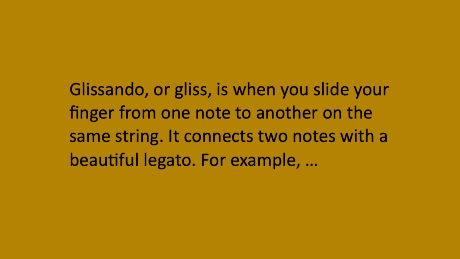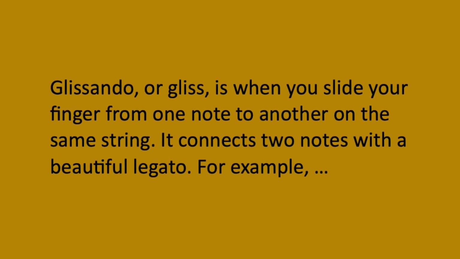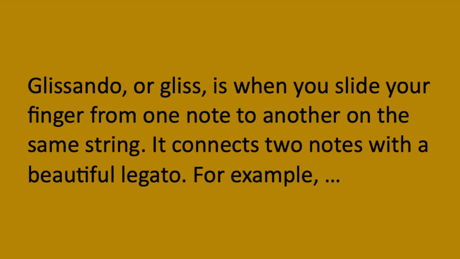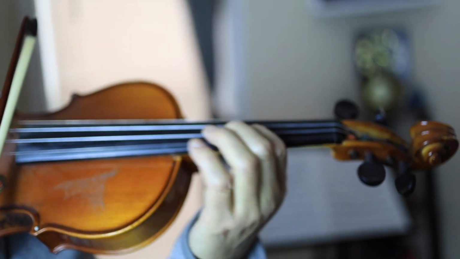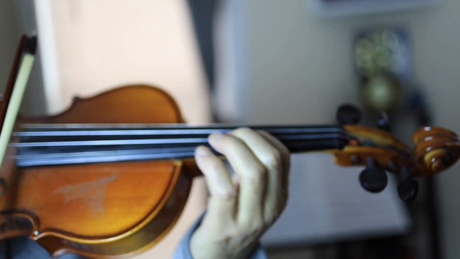For example, the technique of glissando is frequently used throughout this concerto. As a result, when you listen to this concerto, you will immediately know that this is not a Western piece of violin music.